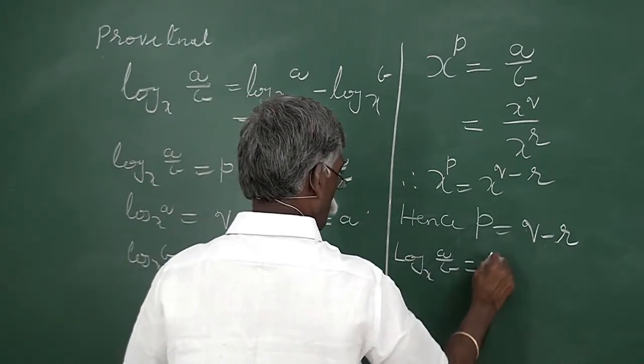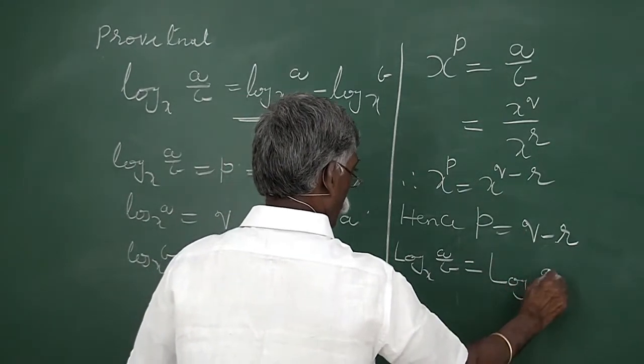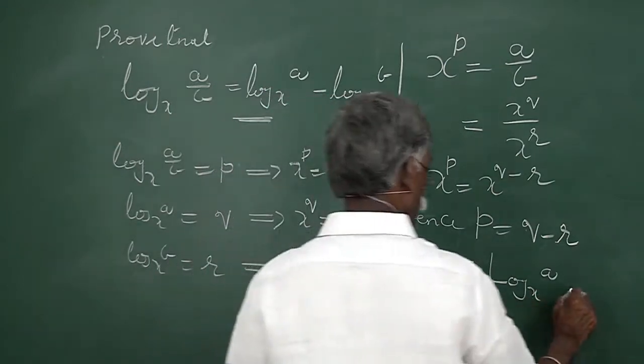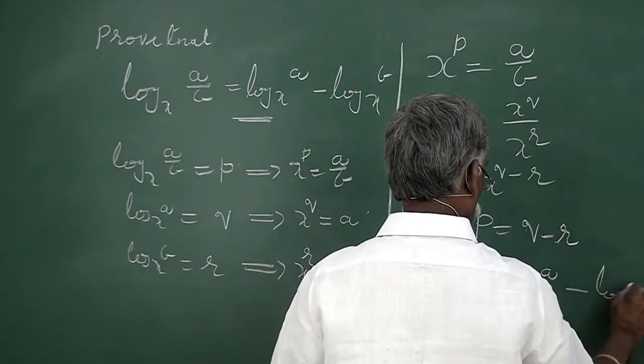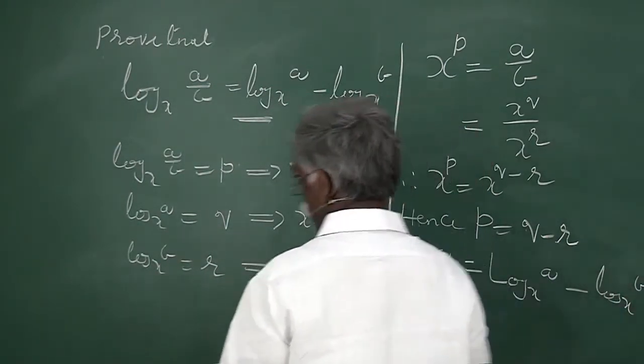It is equal to Q, which is log A to the base x, minus log B to the base x.